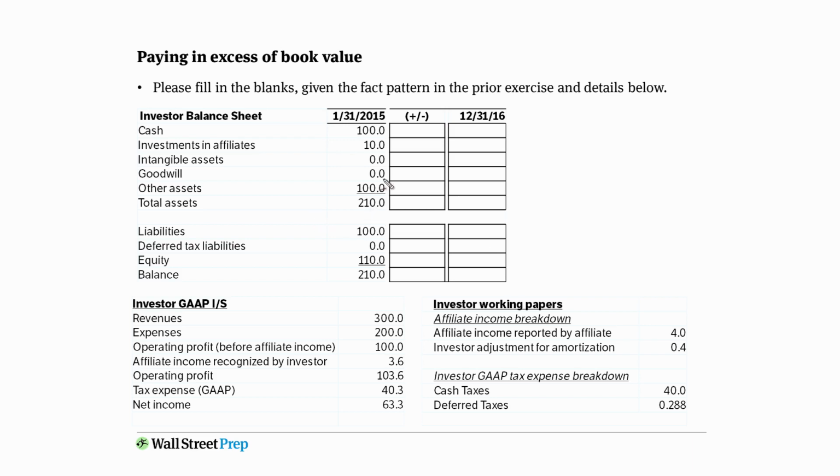Okay, so now we can complete this exercise. So equity, as we know, always goes up by the net income. So there's an adjustment up of 63.3. There's going to be a new deferred tax liability created of 0.288.